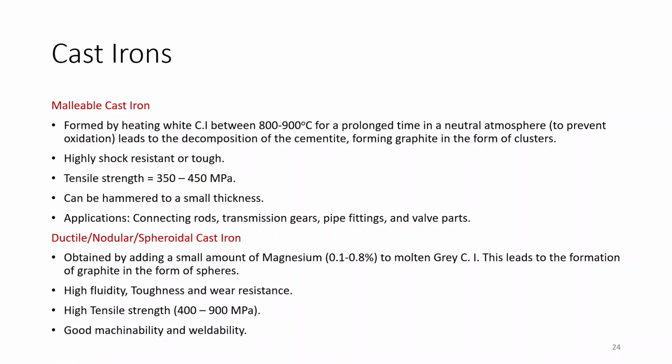So this magnesium will act as nucleation sites for these graphite spheres, and this material also has high fluidity. So when it is solidifying, the shape will be very highly finished because of high fluidity. If you have a very complex die that you are pouring your material into, that particular shape will be easily taken because it has high fluidity.